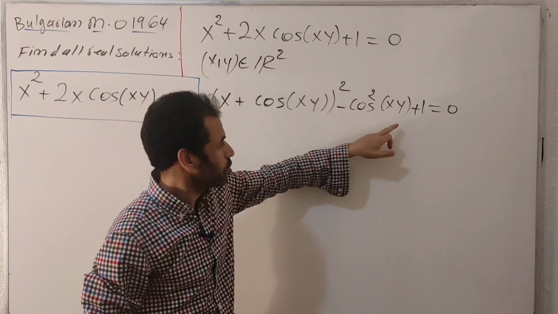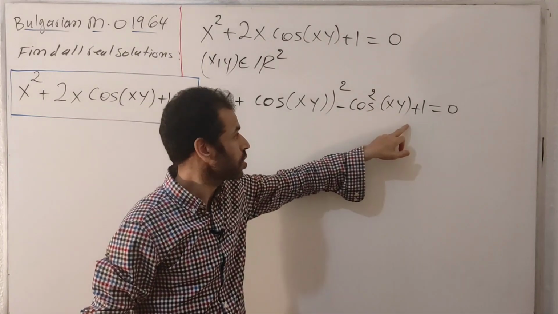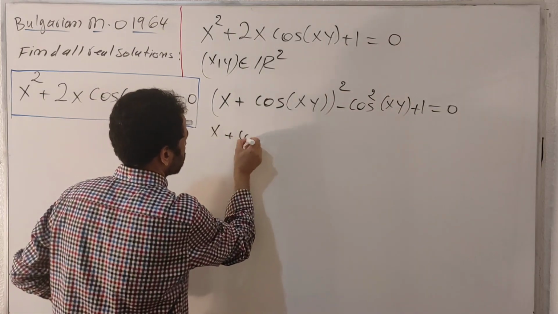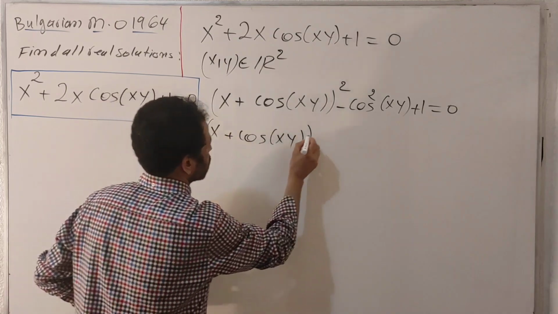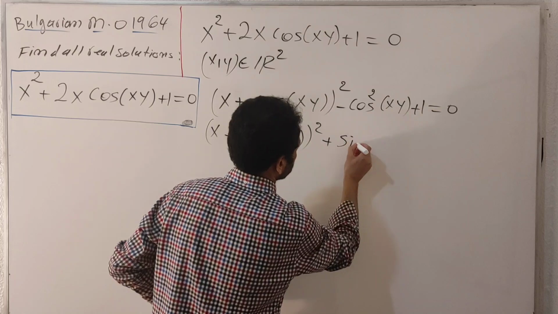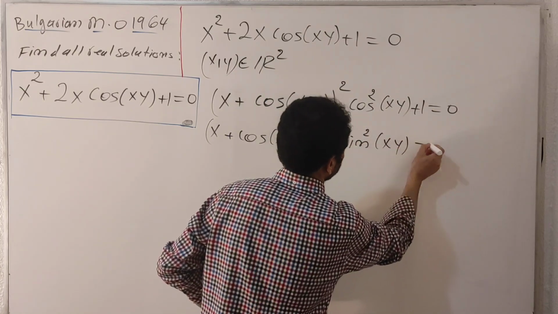As we know, 1 minus cosine square xy is the same as sine square xy. So we'll have x plus cosine xy, quantity squared, plus sine square of xy equals 0.